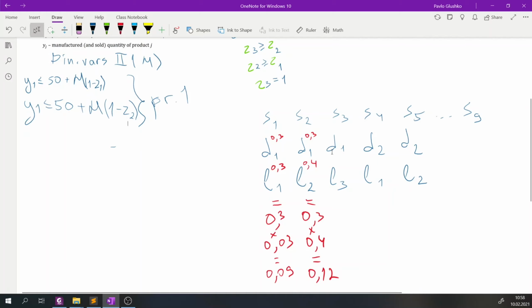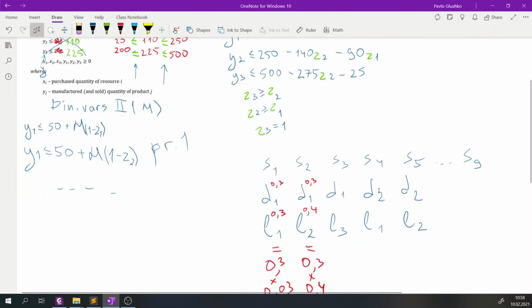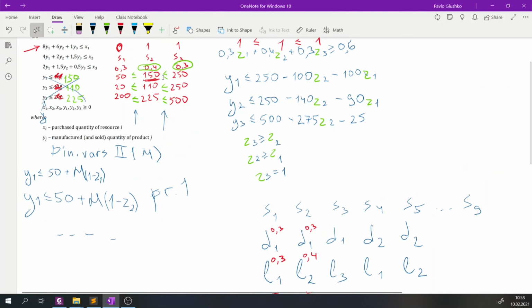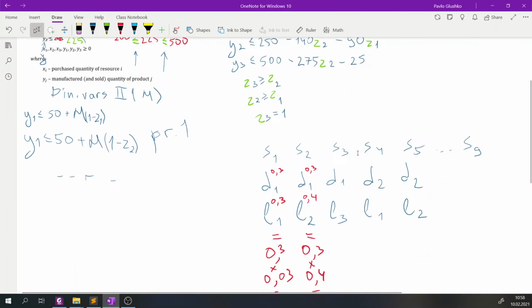But then we come for product 1 to scenario 4, and we see that for scenario 4, demand is changing. For scenario 4, we have the demand from demand scenario 2, and this demand for the first product in demand scenario 2 is 150. So what should I change here?